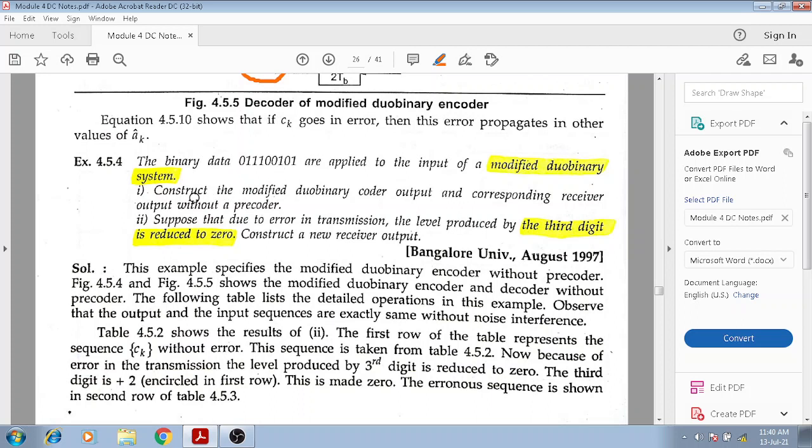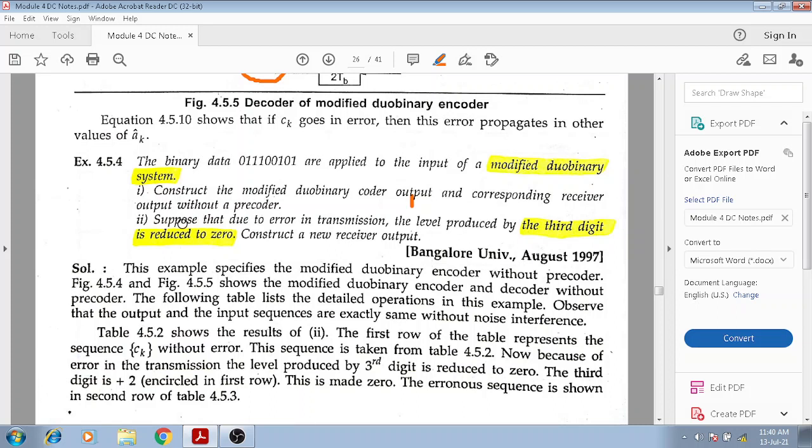What is asked is to construct the modified duobinary coder output, means you have to get the output of the duobinary coder. What is that output? CK. You have to get CK, and also the corresponding receiver output. Receiver output means at the output of the receiver, again you have to estimate the 2-level sequence AK without precoder.